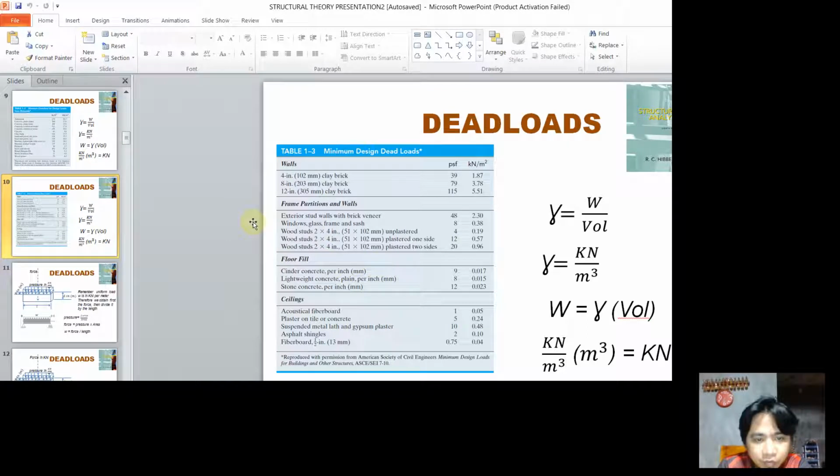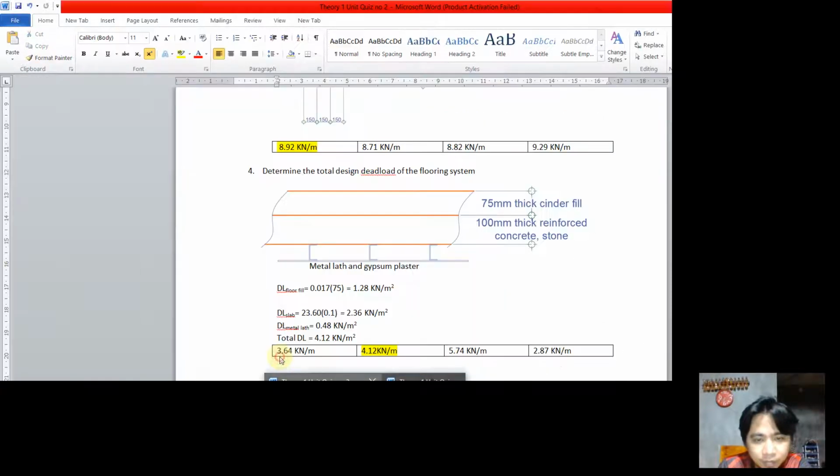And then for the floor fill per millimeter, that is 0.017. Okay. So here it is, 0.017 and 0.48 kilonewton per square meter.